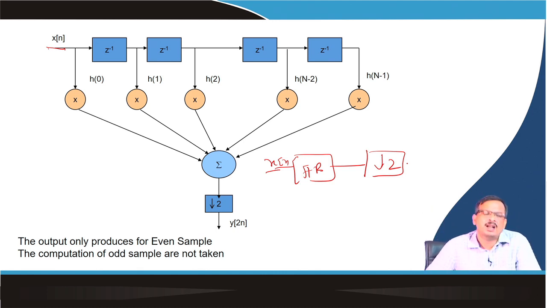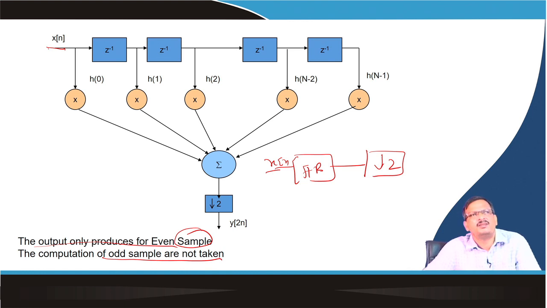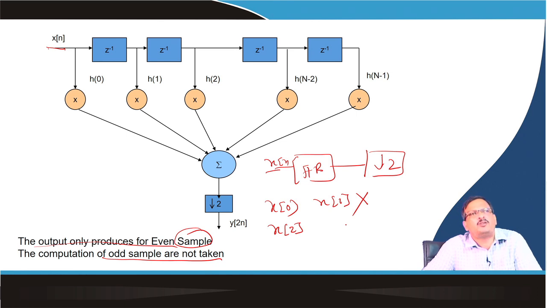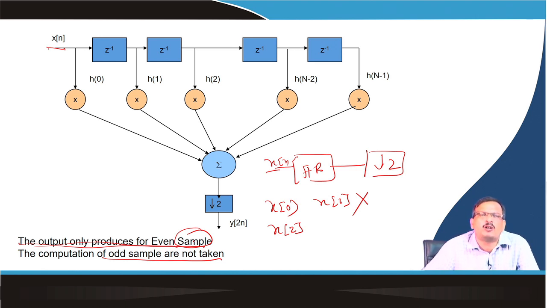The output is only produced for even samples, and computation of the odd samples is not taken, because I will take x of 0, then x of 2, not x of 1, since x of 1 I am discarding; it is downsampled by 2. So, for even samples, outputs are produced; for odd samples, outputs are not produced.